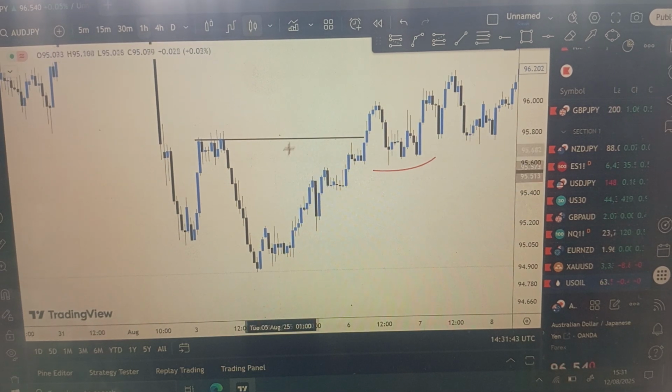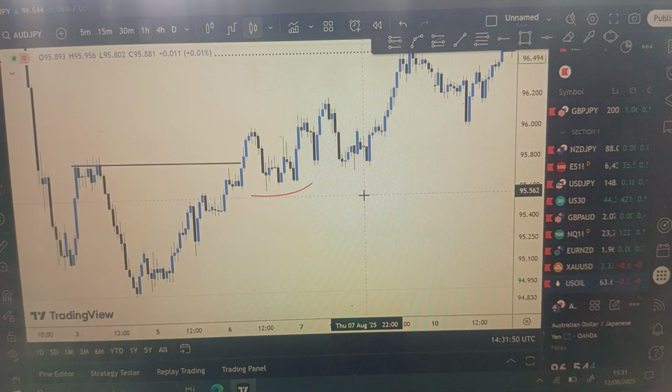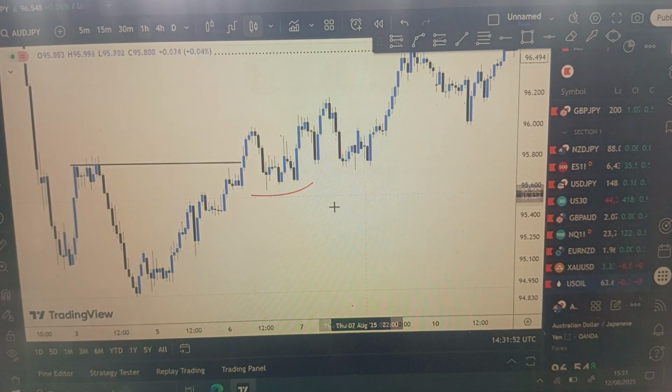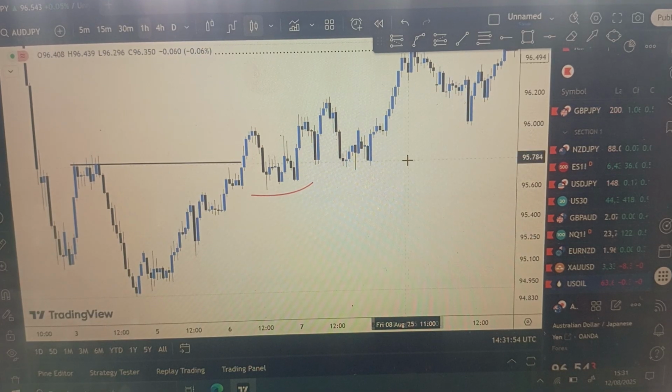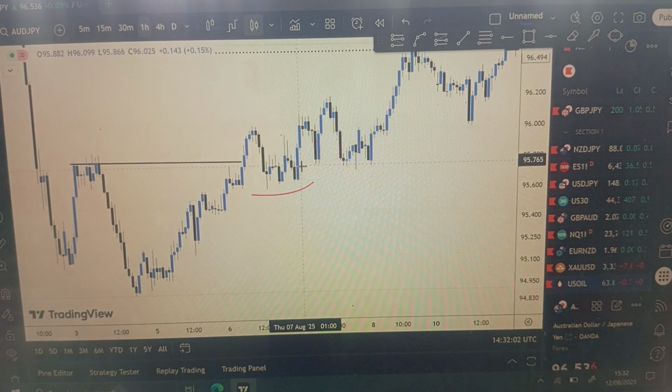So we became bullish at this point. Let's break it down and see what the market is doing. Market is all about higher highs, higher lows, higher highs, higher lows. Sometimes you learn to ignore all these mini movements.